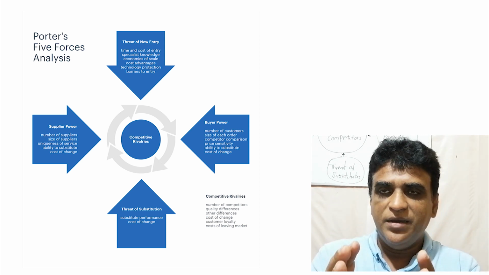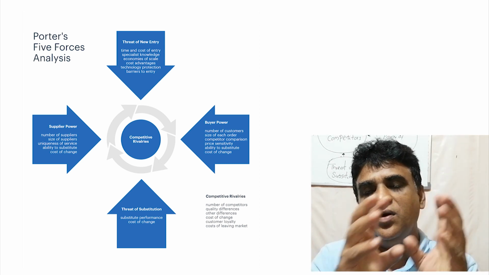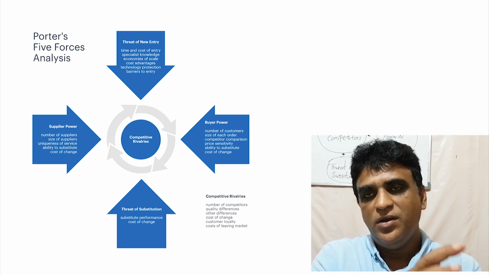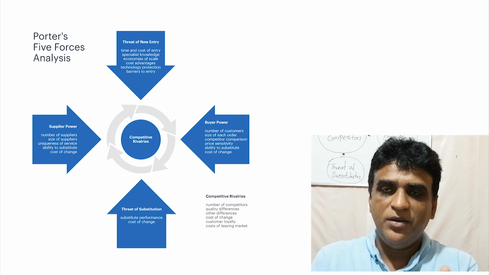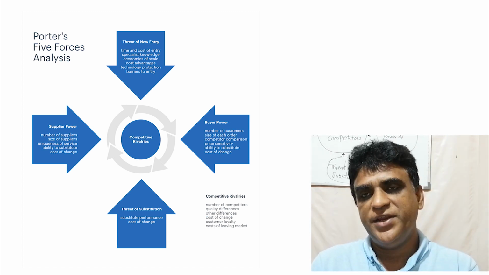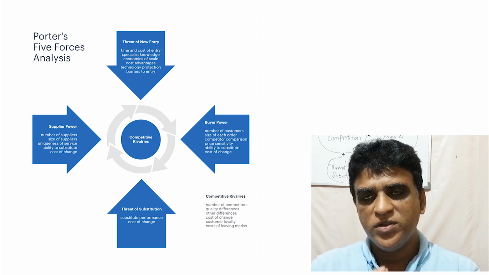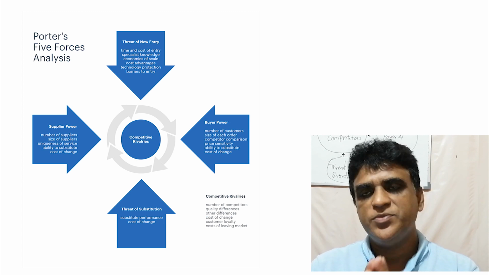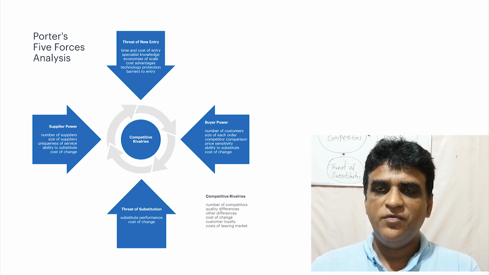Their customers can buy either tea or coffee. Coffee is a substitute for tea, so the coffee vendor is another threat. These are the five forces introduced by Michael Porter.